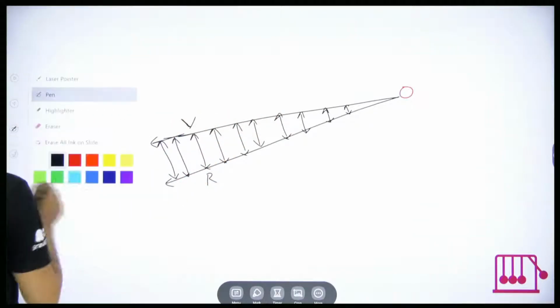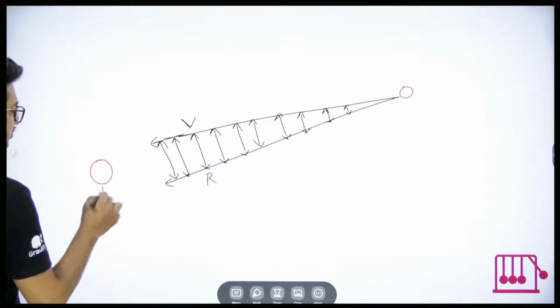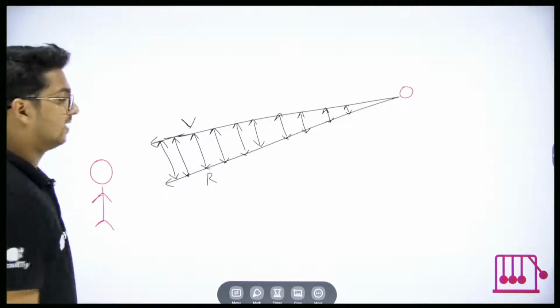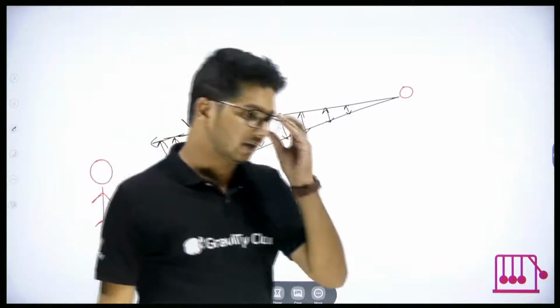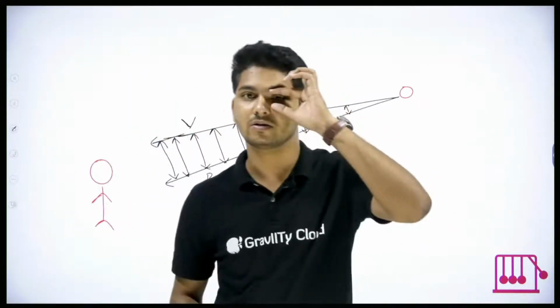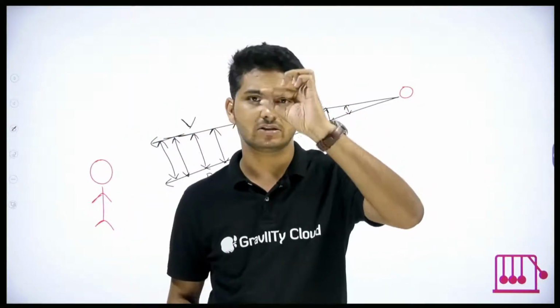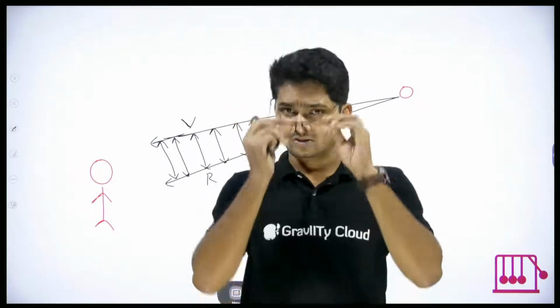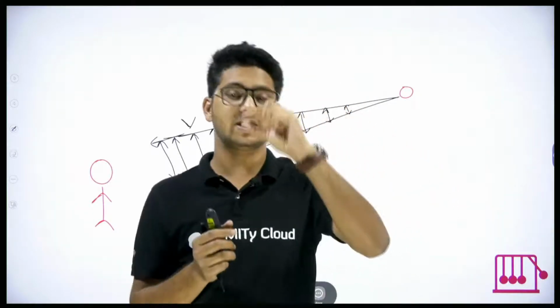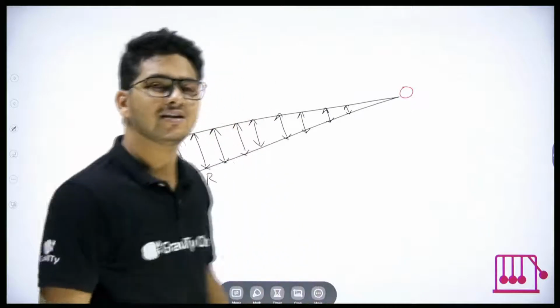Yes, so that means if there is an observer here, and look at this, our eye is very small, only this much, right? That's it. So in this much space, how much light will enter?